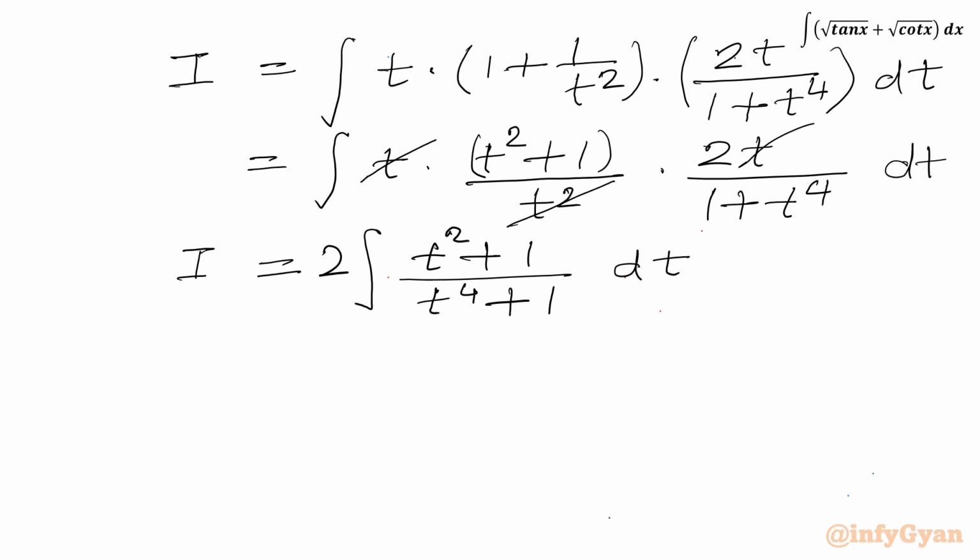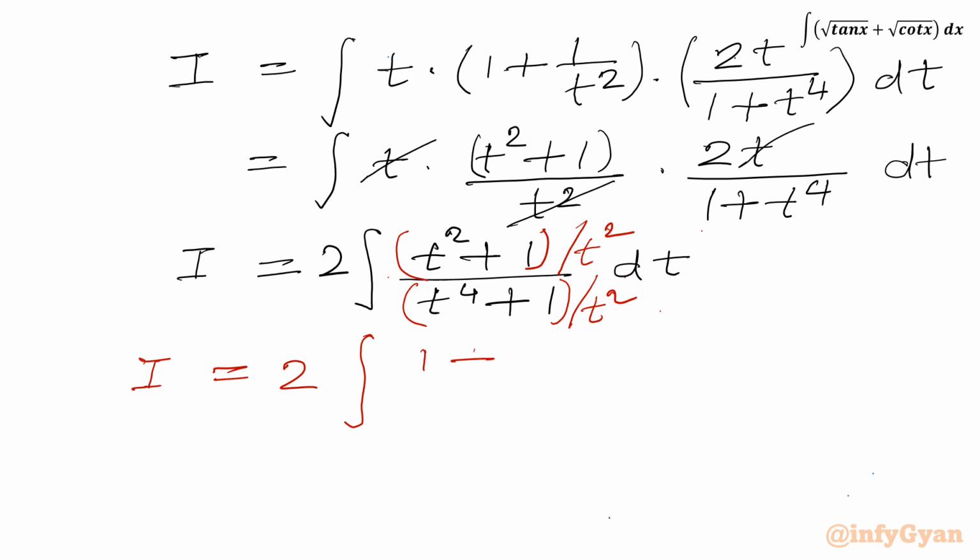Now I will be dividing our numerator and denominator by t square. So I can write I equal to 2 times integration. It will become 1 plus 1 over t square. This is the numerator. And the denominator will be t square plus 1 over t square dt.